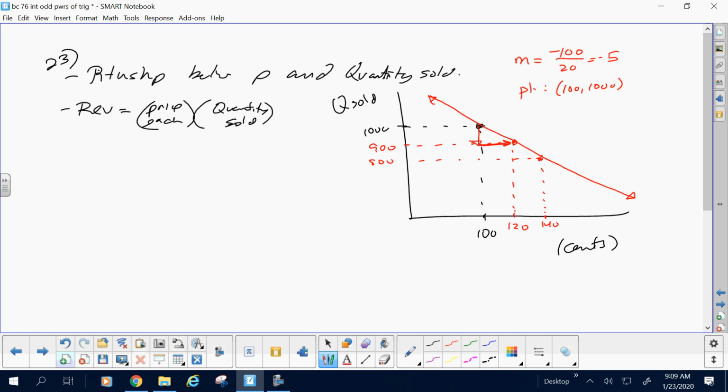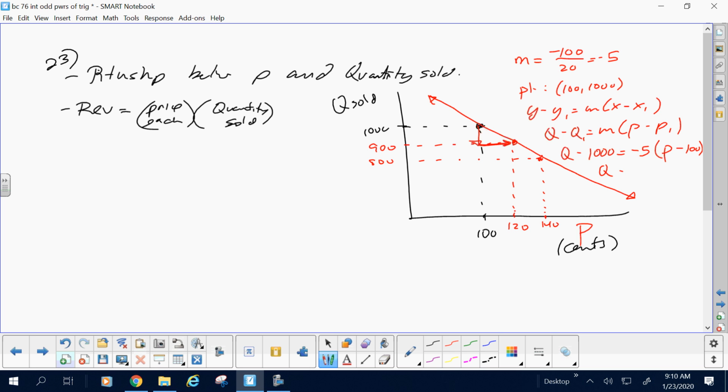Now I would normally write an equation this way, but in this case I'm not using x and y, I'm using price and quantity. So I'm feeling more like Q minus Q1 equals M times P minus P1. Put in the point and the slope: Q minus 1,000 equals -5 times P minus 100.